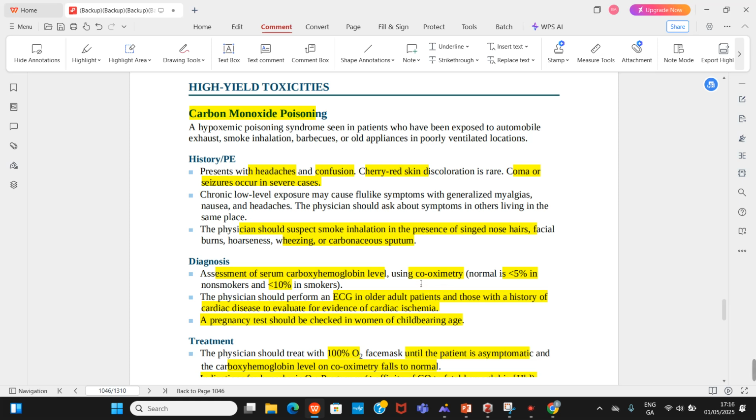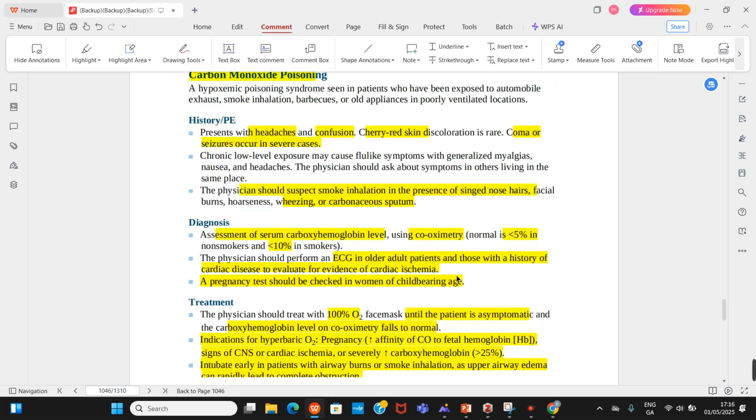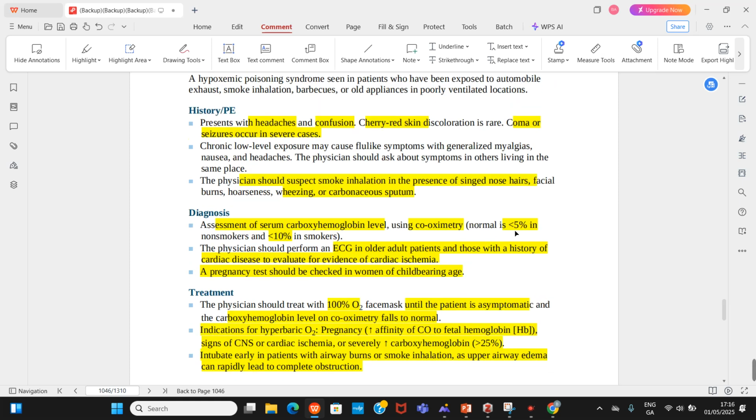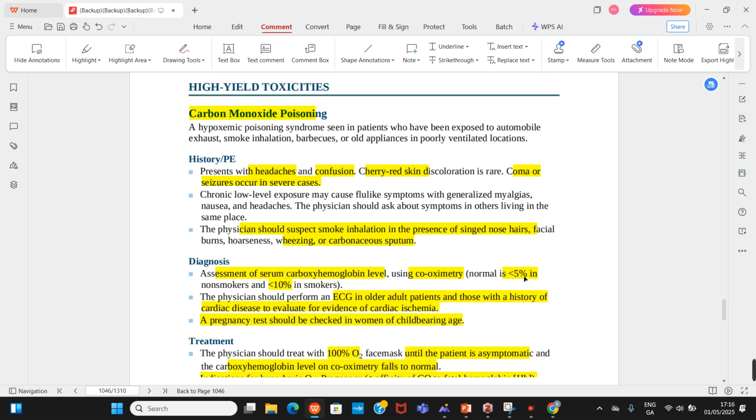It's normal if it is less than 5%, meaning the amount of the gas accounted for by carbon monoxide is just 5%. In smokers, who generally have more carbon monoxide, keep it less than 10%; for non-smokers, less than 5%.